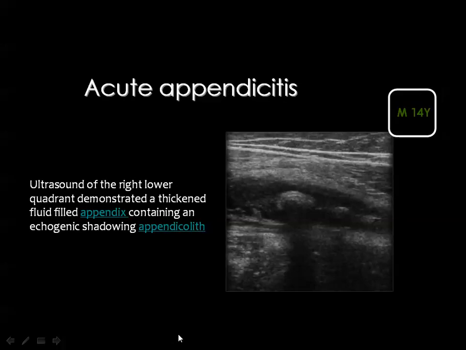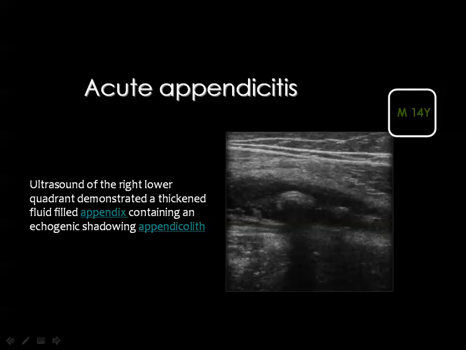Acute appendicitis is basically diagnosed whenever you see the appendix edematous, the wall thickened, and the area around the appendix showing some fluid. And all this information can be obtained by the CT and also more easily by ultrasound.